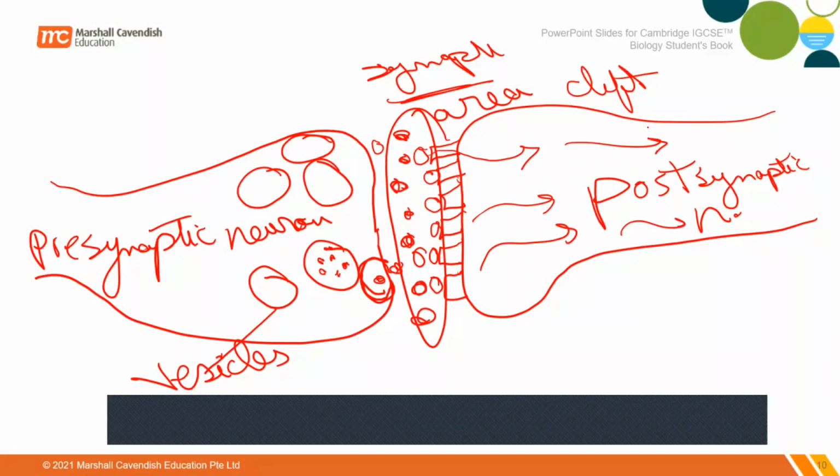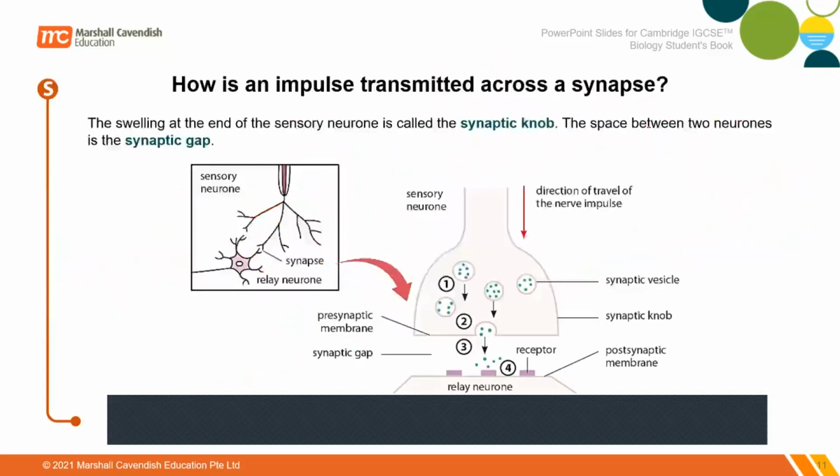This is how the movement happened between the presynaptic neuron and post-synaptic neuron. Okay, I will show you this simple process, but I will show you a diagram in order to understand how we could write the stages. Okay? So the impulse is transmitted across the synapse this way.